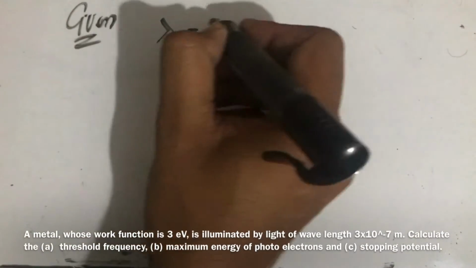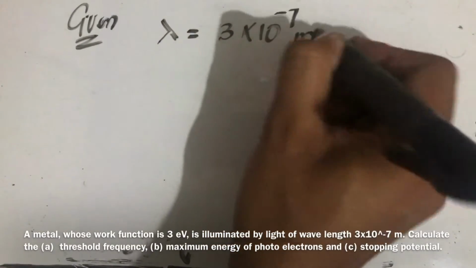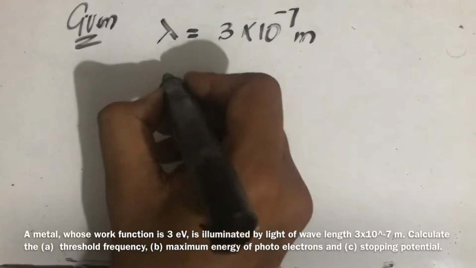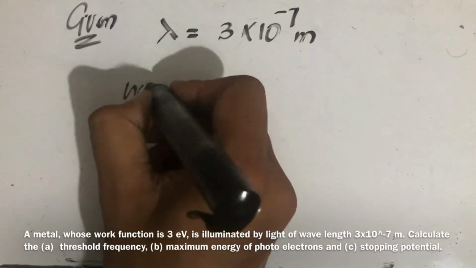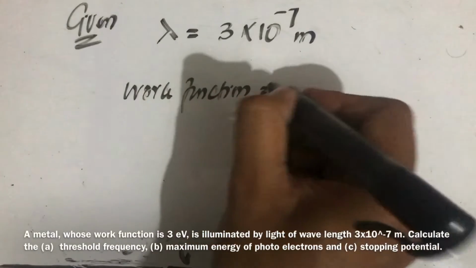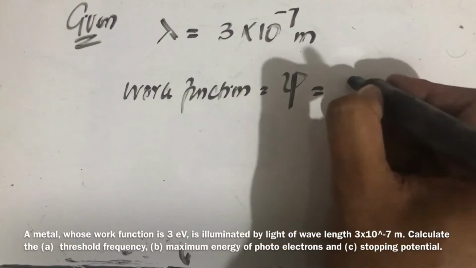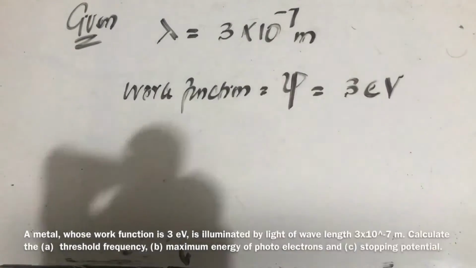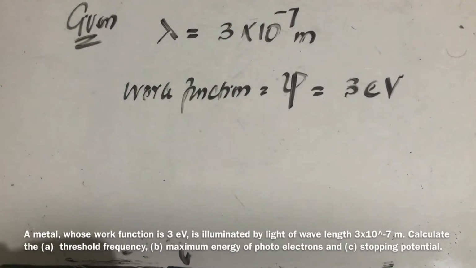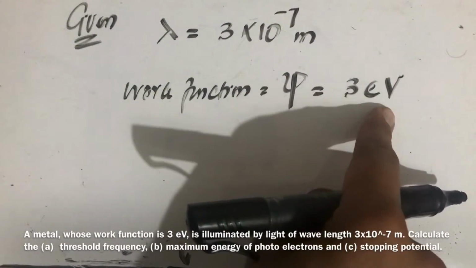Lambda is equal to 310 raised to power minus 7 meter. The work function, phi, is equal to 3 electron volt. So let's convert this electron volt into joule.